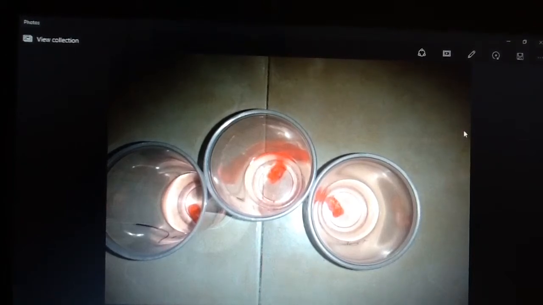So when I began this experiment, I chose 3 cups per solution. So I had 3 cups for vinegar, 3 cups for baking soda, 3 cups for salt water, and 3 cups for regular tap water. And for those materials that were not already water, I added 50 milliliters of tap water to the solution.